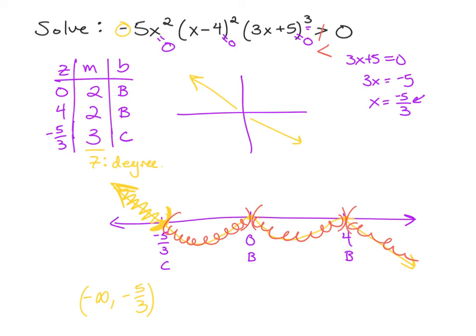And we cannot include any number on the actual x-axis, which means we cannot include any of these zeros that we originally had. So that means we can be anything from -5/3 to 0, and from 0 to 4, and from 4 to infinity.